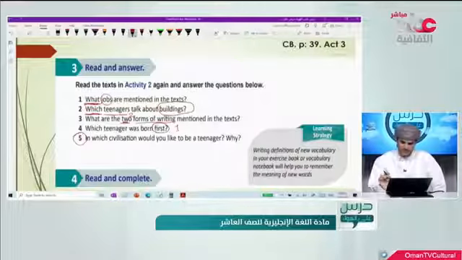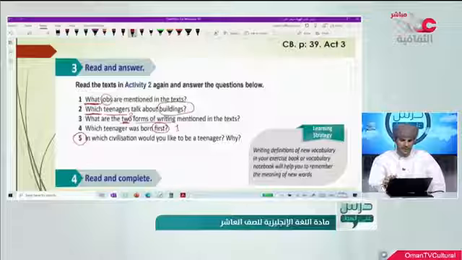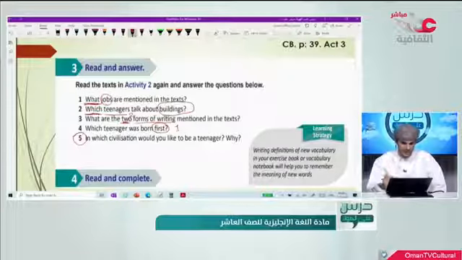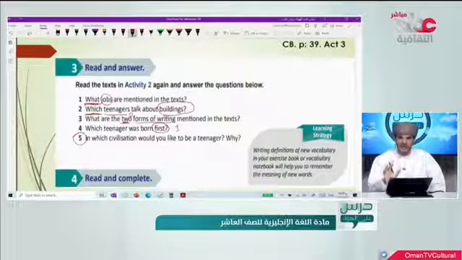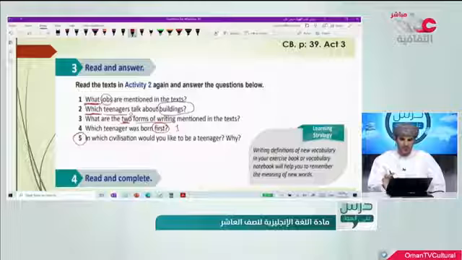What jobs are mentioned here in the text? Okay, I'll give you 1 minute now. Jobs, give me 2 names. And number 2, which teenagers talk about buildings? Who are they? And you can give the name of the teenager, the building as well.